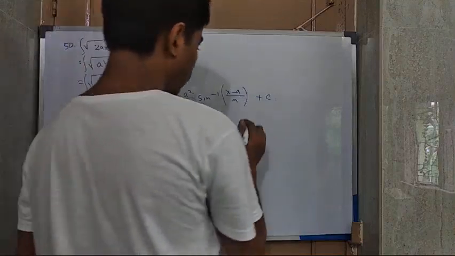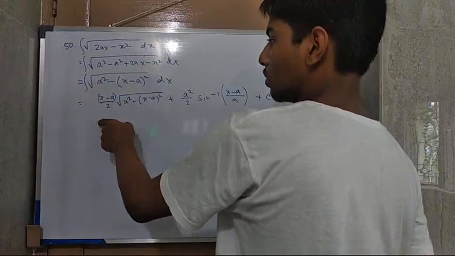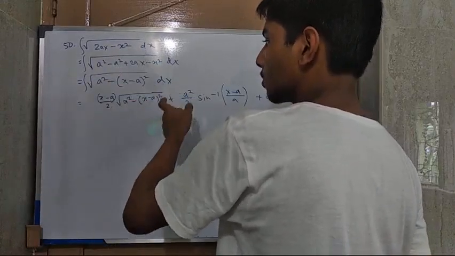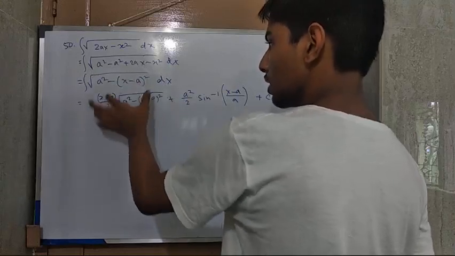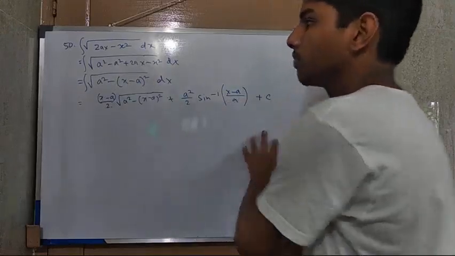So the general formula is x by 2 times the function which is here, plus or minus according to the sign of a squared, times the inverse function, if this was in the bottom of dx, then the answer plus c is the general formula.